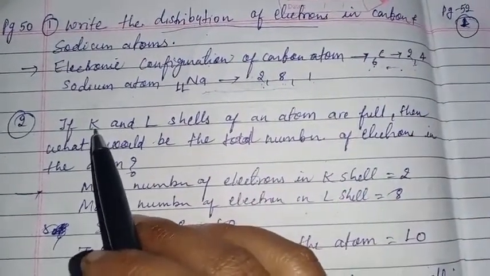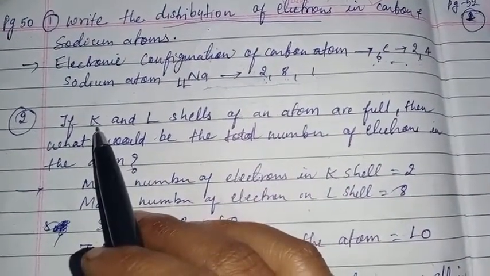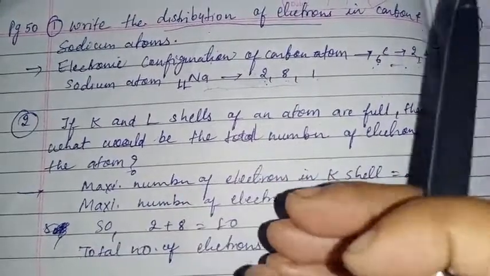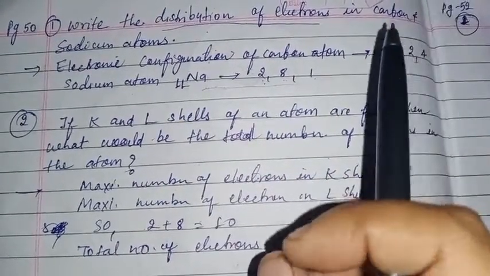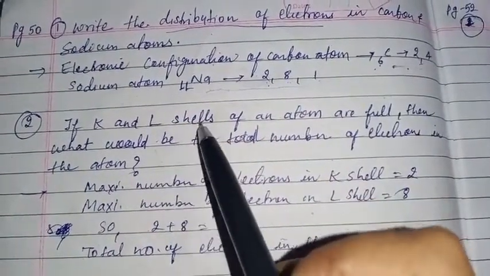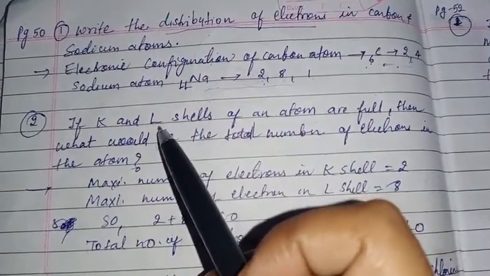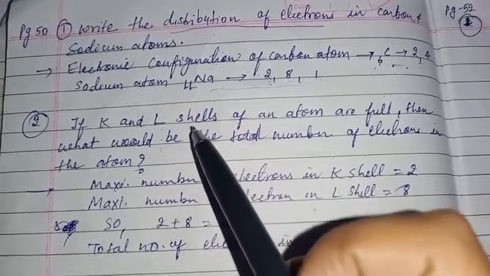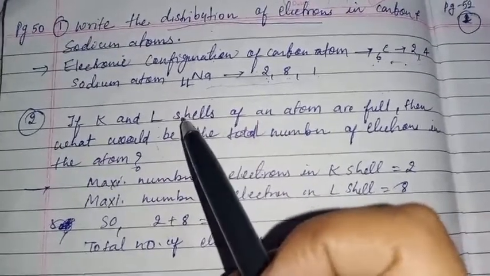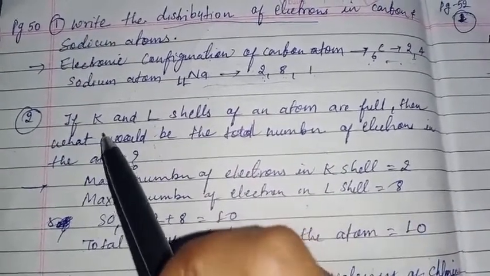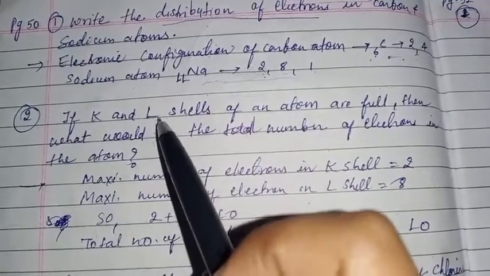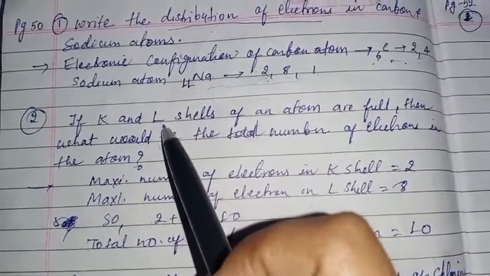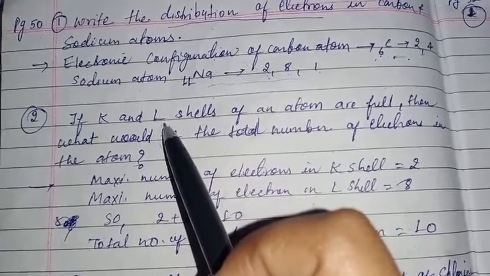That means K shell contains a maximum of 2 electrons, so K shell is completely filled with 2 electrons. And next is L shell. L shell contains a maximum of 8 electrons, so L shell is also filled. So 8 electrons are also there in L shell. So K plus L means 2 electrons plus 8 electrons will give you a total of 10 electrons.